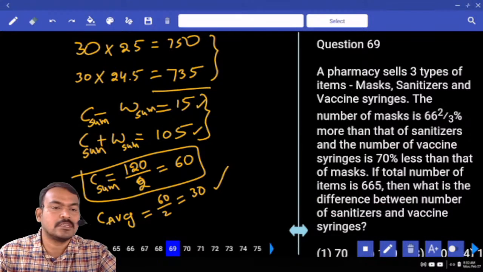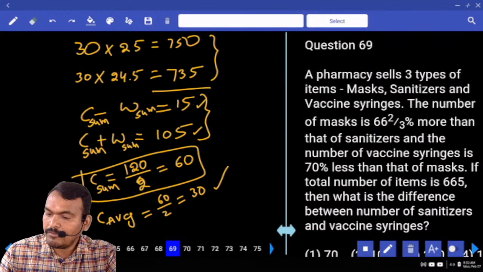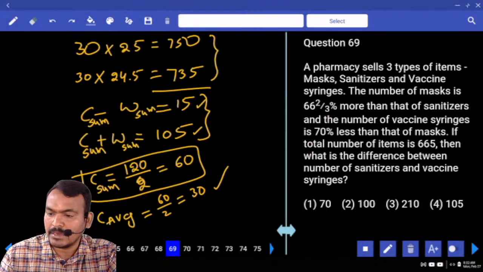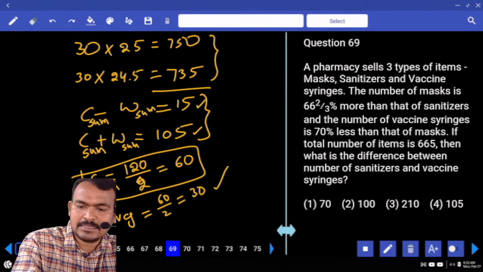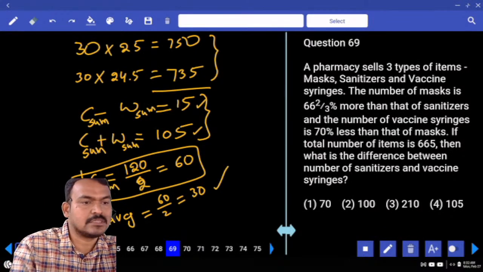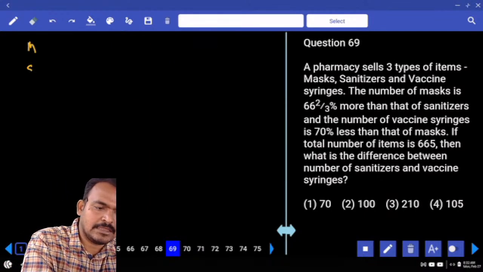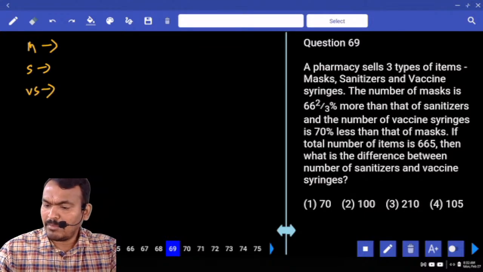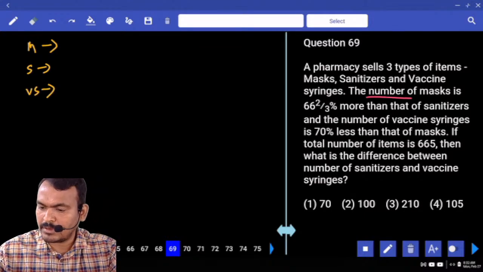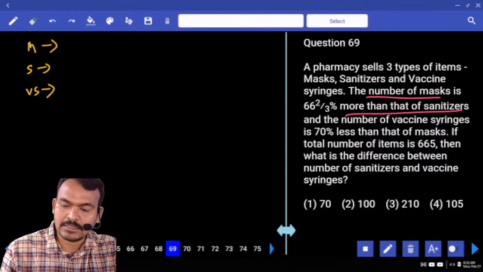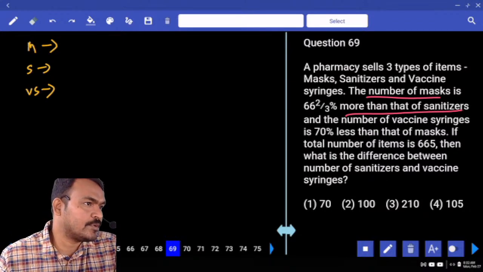Next, question number 69. A pharmacy sells 3 types of items: masks, sanitizers and vaccination syringes. The number of masks is 66 2/3% more than the sanitizers. 66 2/3% means 2 by 3.